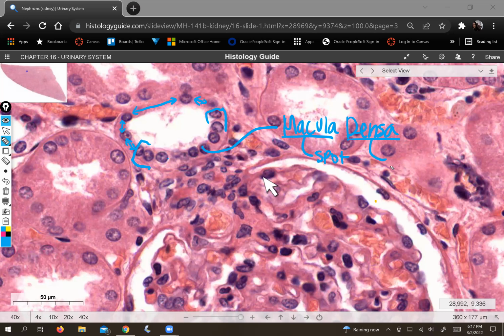And densa means dense. So macula densa just means dense spot, which is referring to the fact that the cells are more densely populated in this spot on the tube wall. So sometimes things have fun, metaphorical, or fancy names, and sometimes things have very literal names, but they sound better if you say them in Latin, so we do. So that's the deal with that.